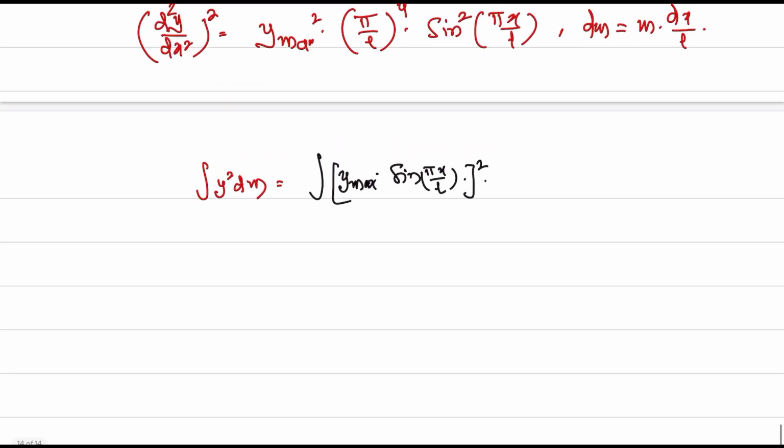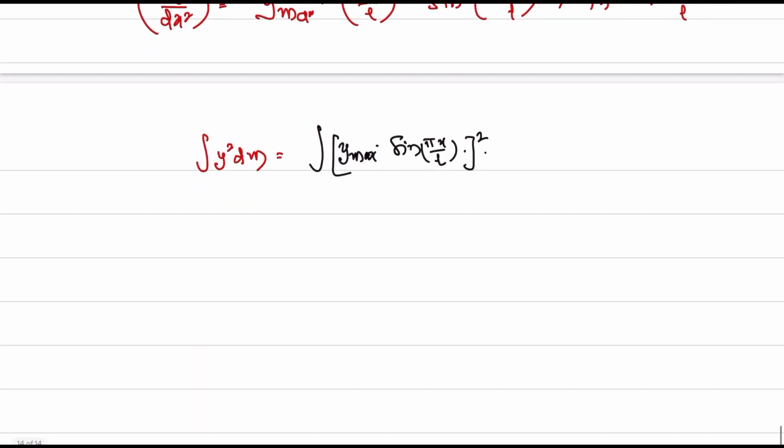What is dm? dm is equal to m into dx by L. And this equation is for m, but don't take that it is only for self weight.